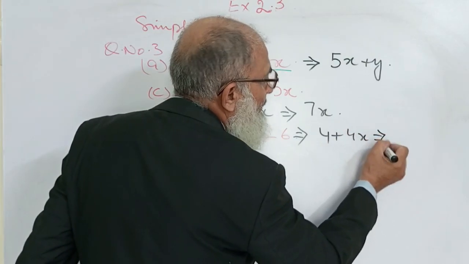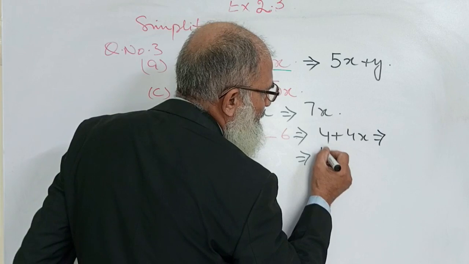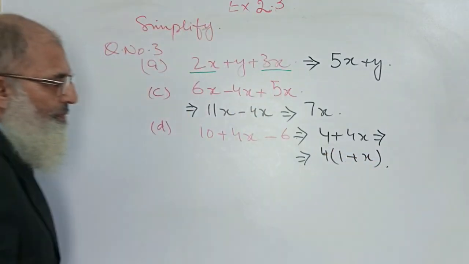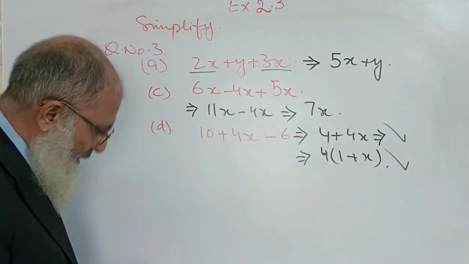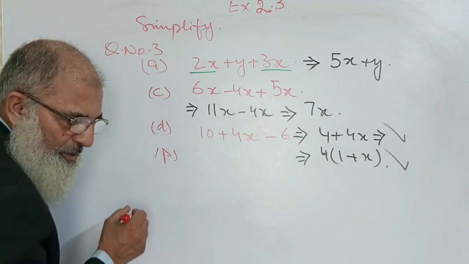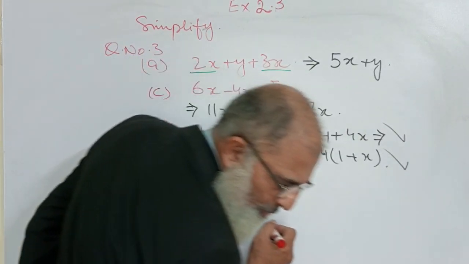Yes, you can write it like this also: 4 into 1 plus x. Both answers are valid. These are again very simple questions. You can do it by yourself. Let me do some more for you.